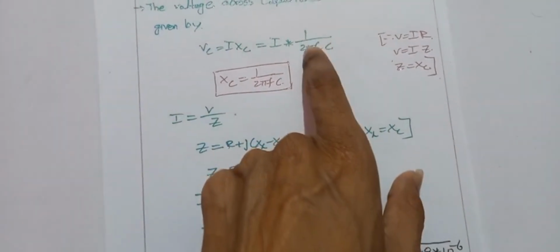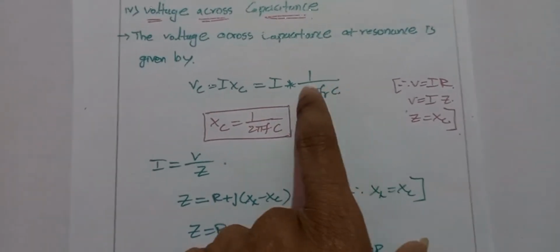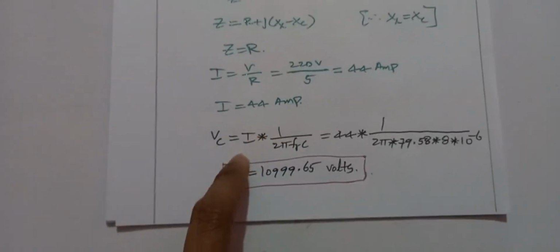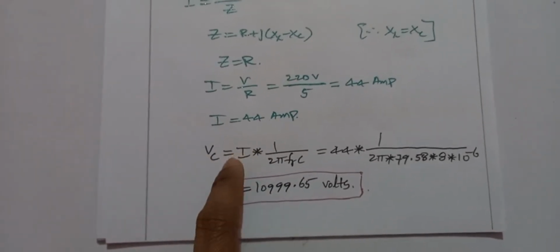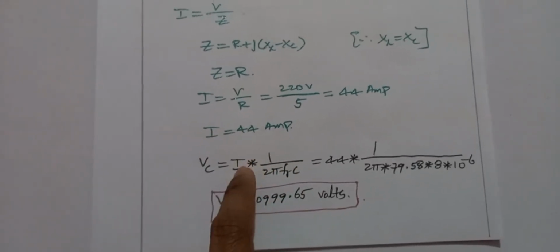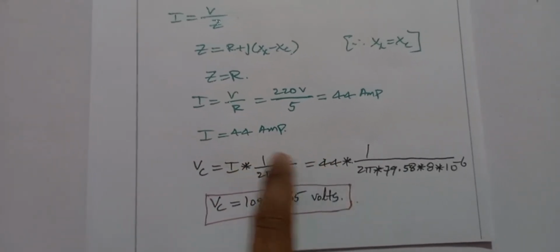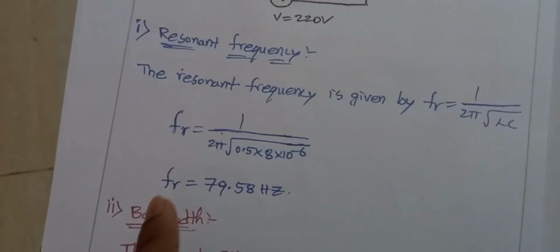Already we know the 1 by 2 pi FR value, and the capacitance value also we know. Those two values we substitute here. Then finally we get Vc equal to I into 1 by 2 pi FR C. I we got here 44, times 1 by 2 pi FR, where the resonant frequency value we got already, 79.58.